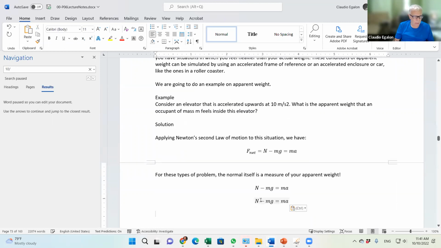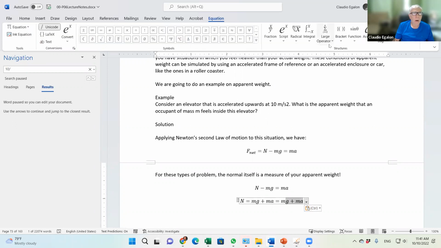Solving this equation, you get N equal to mg plus ma, which, by the way, you can put in evidence. It's going to be greater than mg.